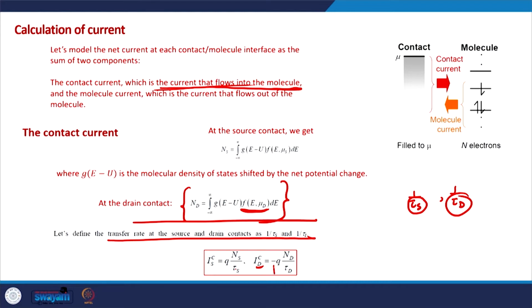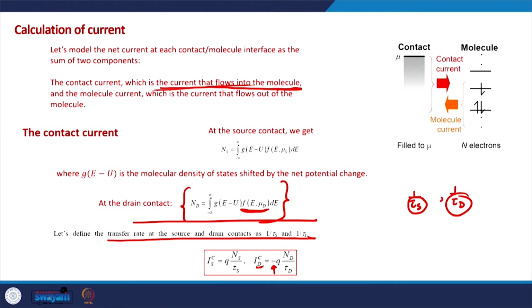The reason for this negative sign is that a positive voltage on the drain side allows electrons from the source to go into the molecule and from the molecule to the drain. We have taken a convention.